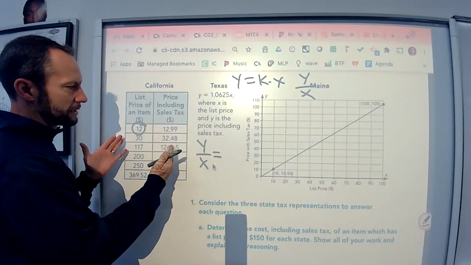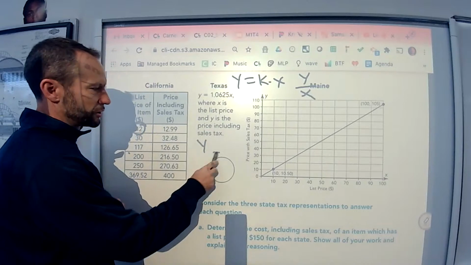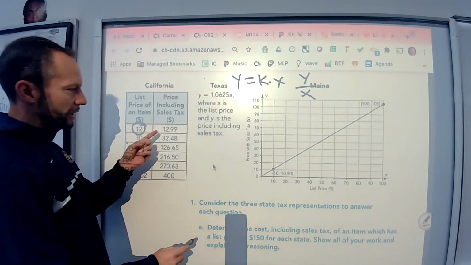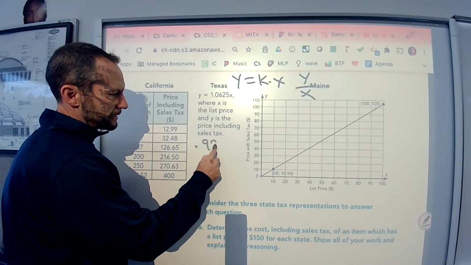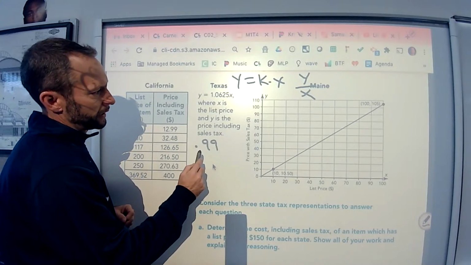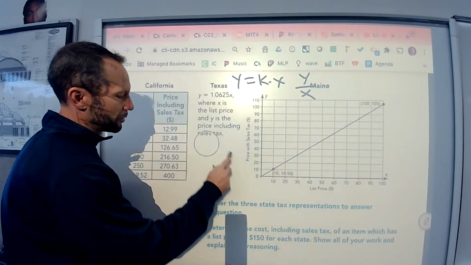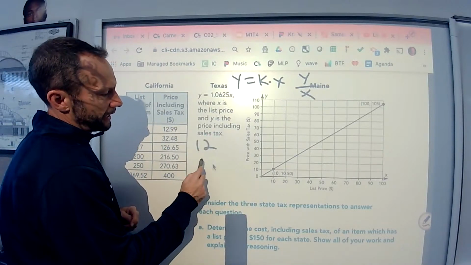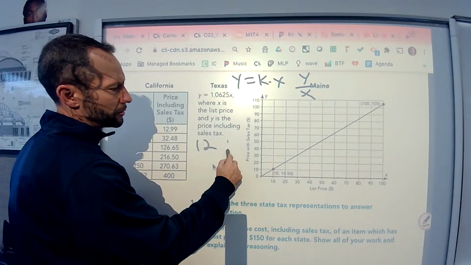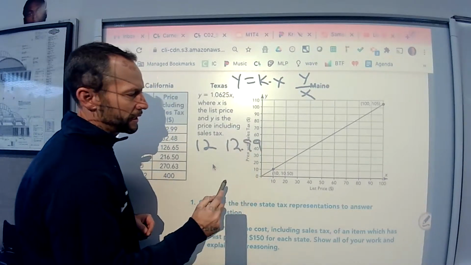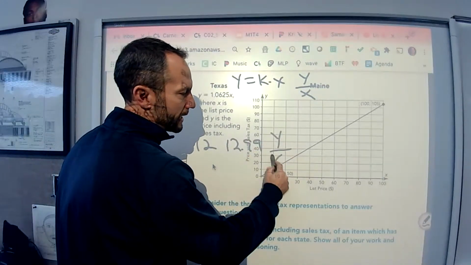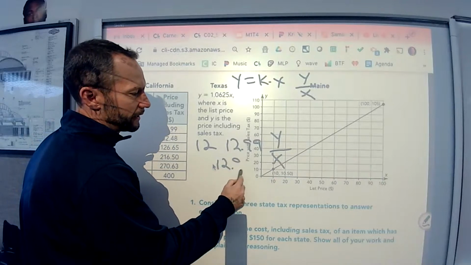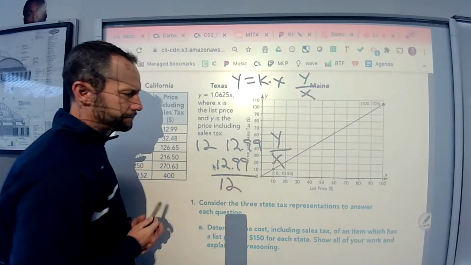But if I were to use this table as just an example, my list price would be $12, and my price including tax, remember, is $12.99. So if I put that in my format of y over x, I would have $12.99 over 12.